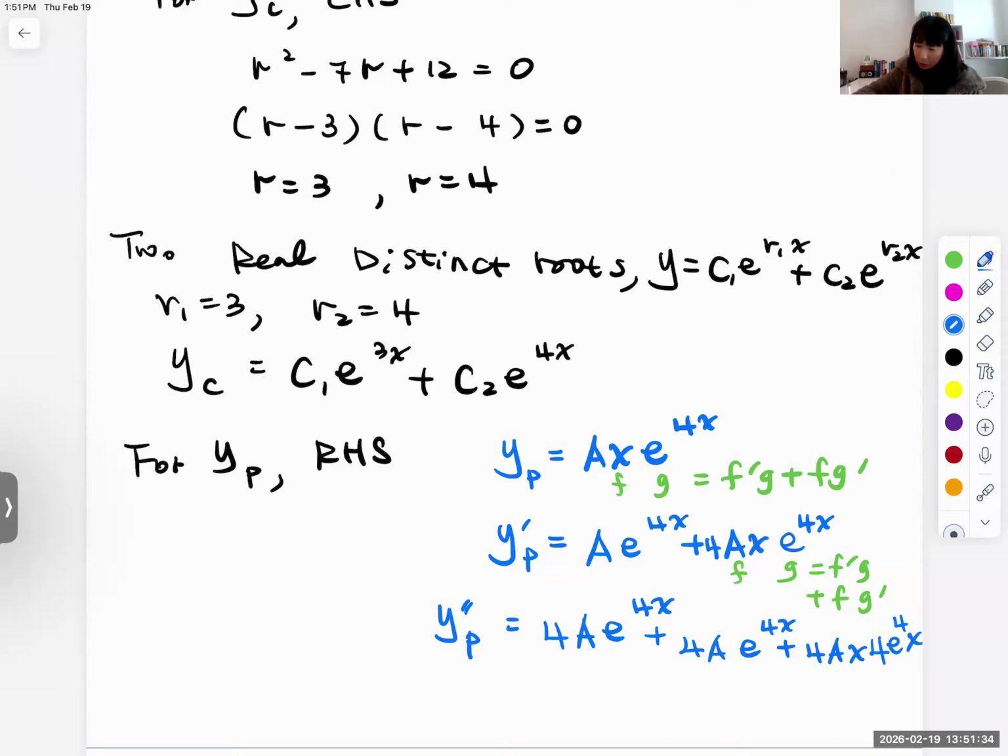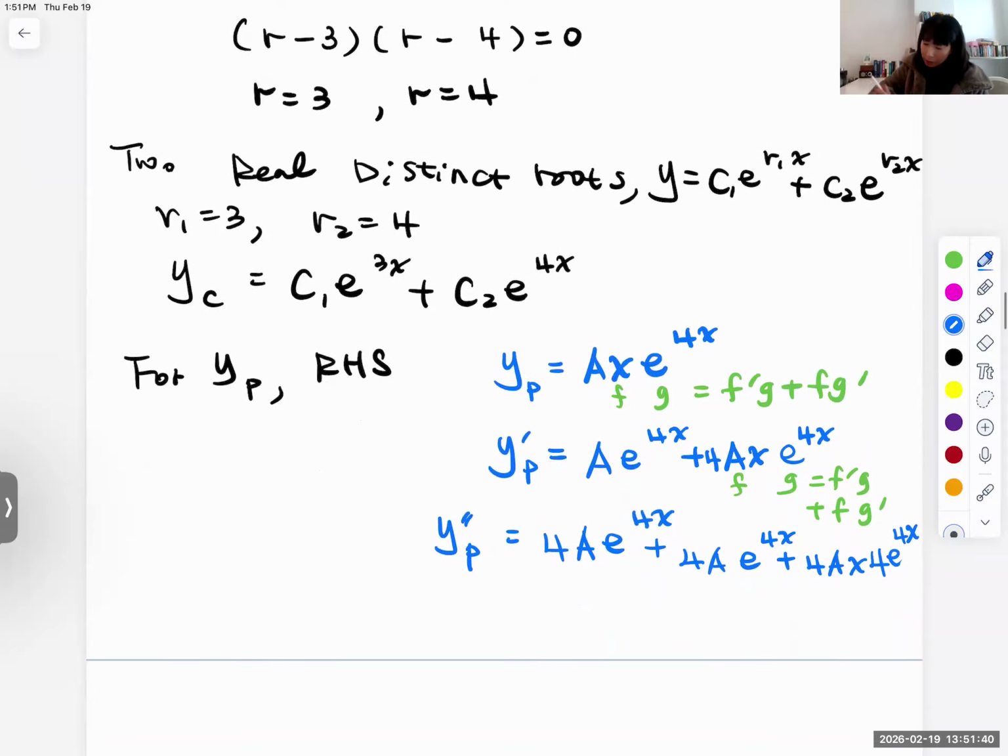Oh no, x is on the power. Okay, so let's combine this one, 8, right? So 8a e to the 4x plus 4 times 4, 16, so 16ax e to the 4x.